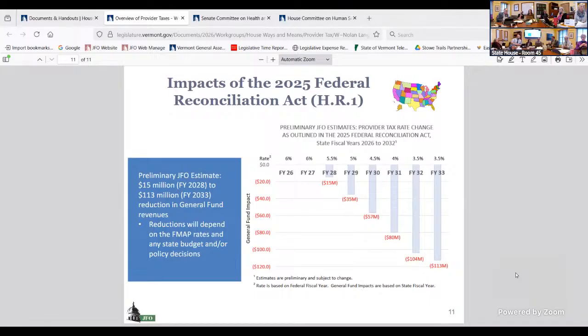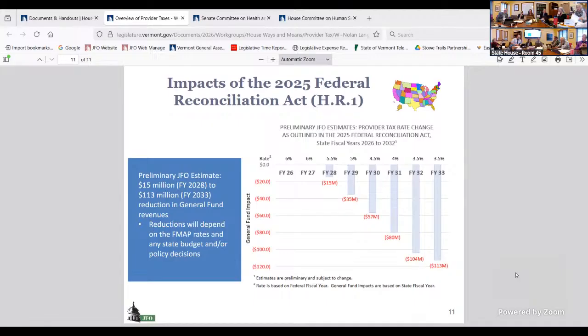My understanding is there are some changes for qualifications for Medicaid folks. How does this fall into the relationship with us? We have a whole presentation on that, but there were some changes in eligibility, some around immigration status.